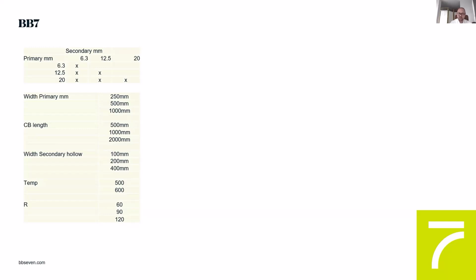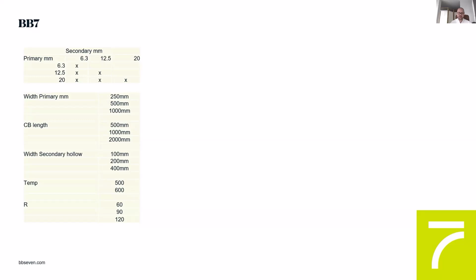So we looked at a few steel sizes, 6.3, 12.5, and 20 millimeters for both the primary and the secondary. We changed the height of the primary element, effectively emulating centers of unprotected profiles at 250, 500, and 1,000 millimeters. We looked at varying coat back lengths, 500, 1,000, and 2,000. And we also changed the width of the hollow.